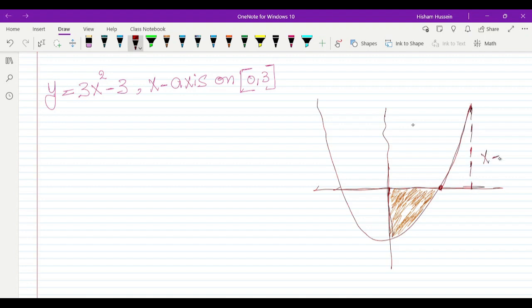Here x equals 3. So the curve switches. Then now we have two regions. So the area now will be the sum of these two areas. This is the first one, and here is the second one.